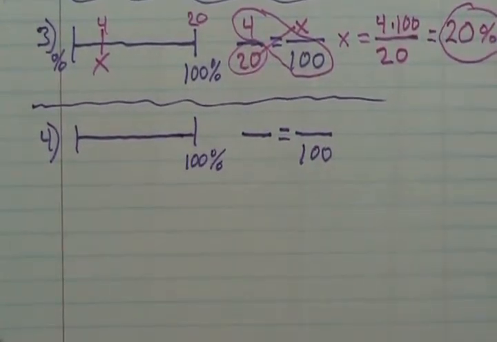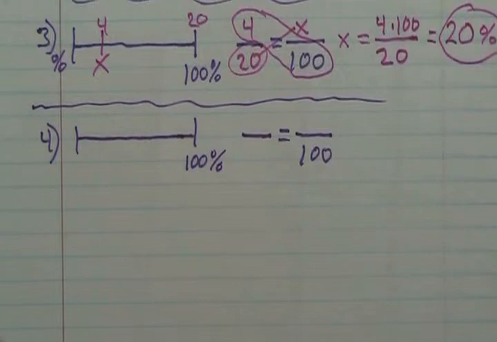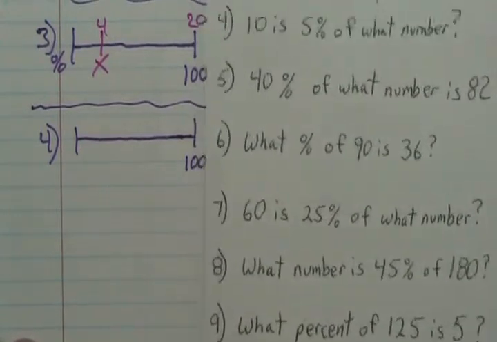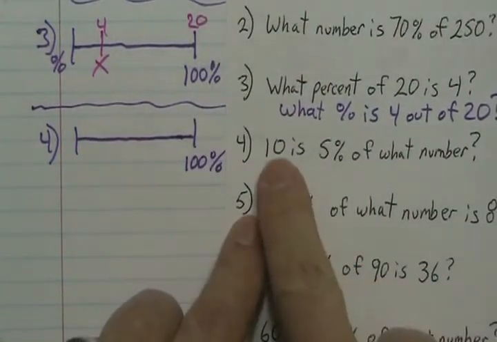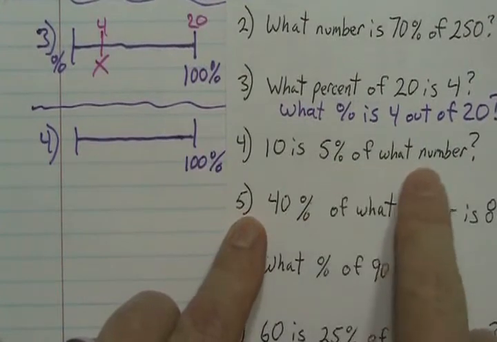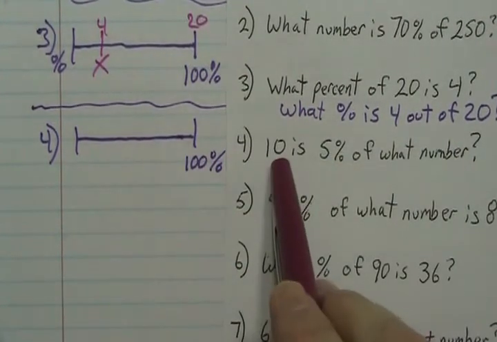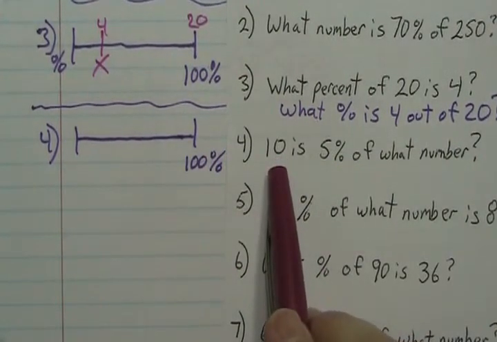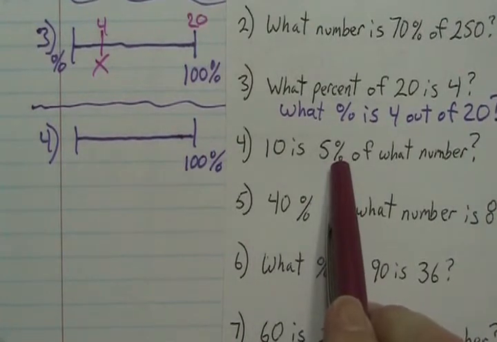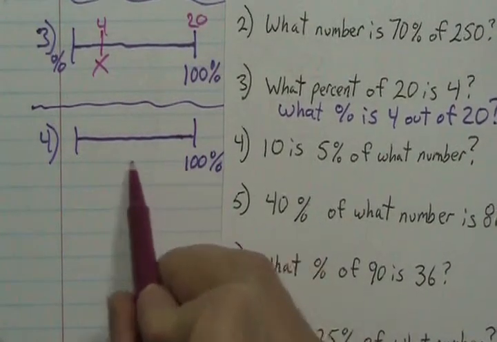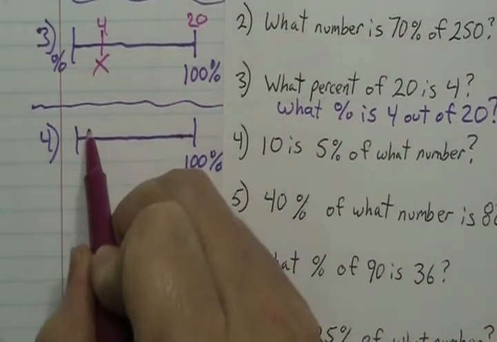And let's see what the question asks for. Number 4. 10 is 5% of what number? 10 is, okay, 5%. Oh, okay, we know a percent.